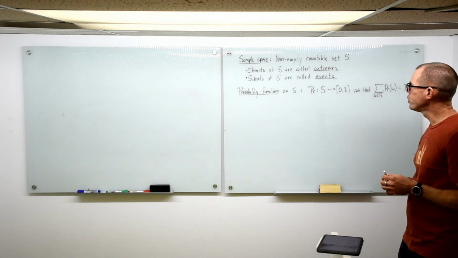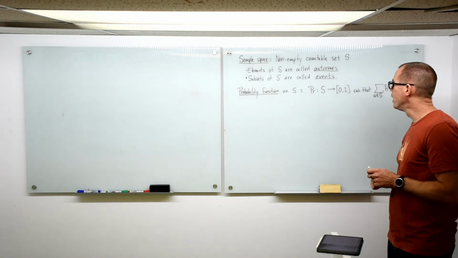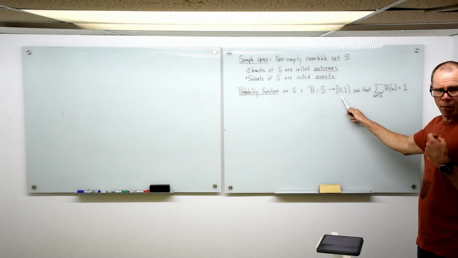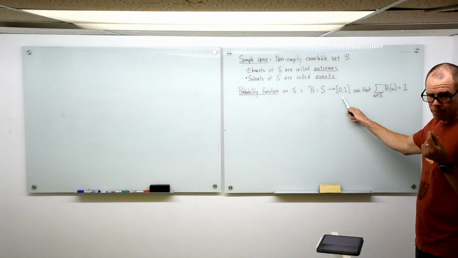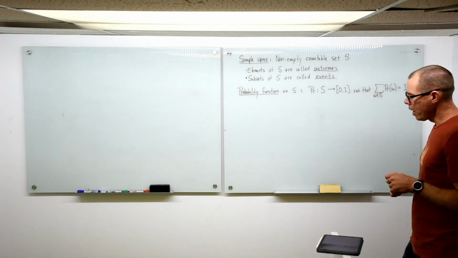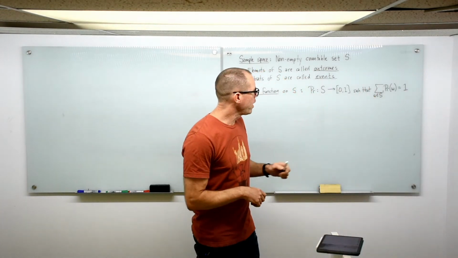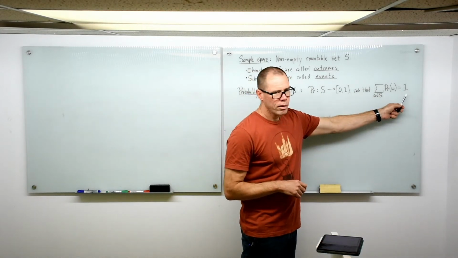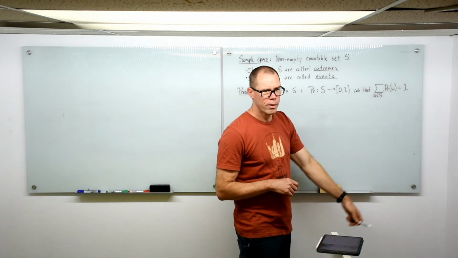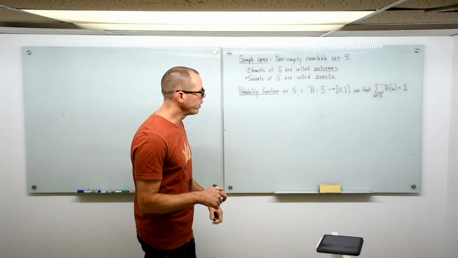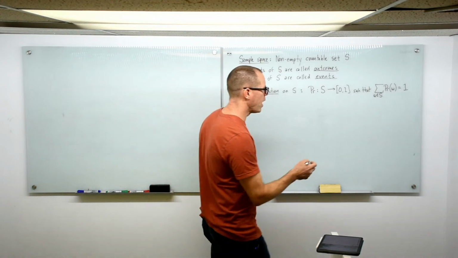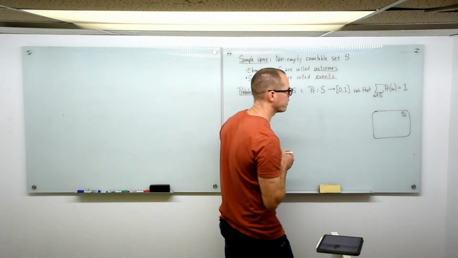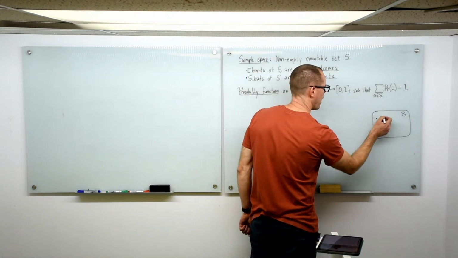And a probability function on a sample space S is just a function that takes elements from S and gives them a real value between 0 and 1, called a probability. And it has this property that if I add up all of those probabilities in the set, I get 1. Okay? So intuitively, we think of this as you do some experiment, there are all these possible outcomes.